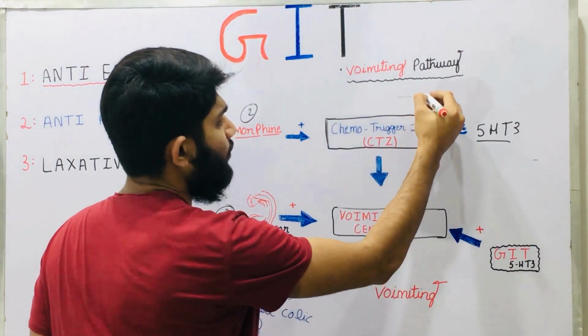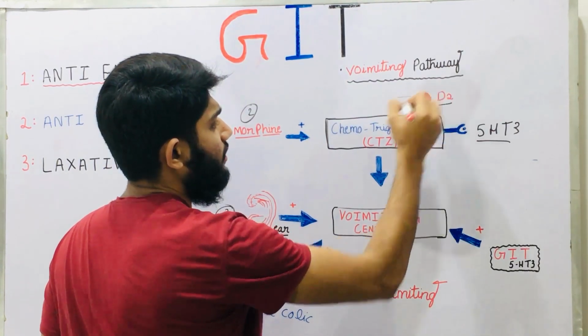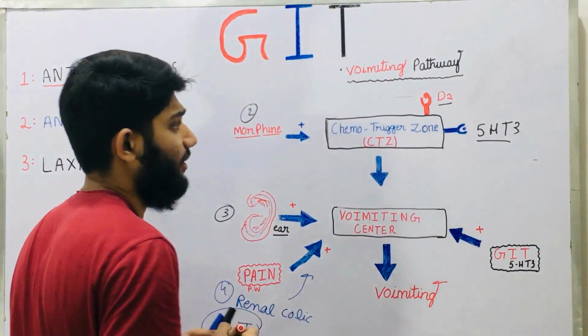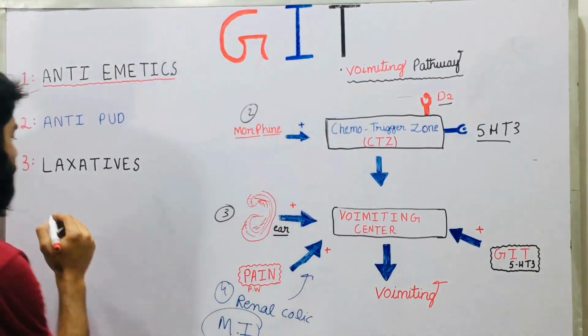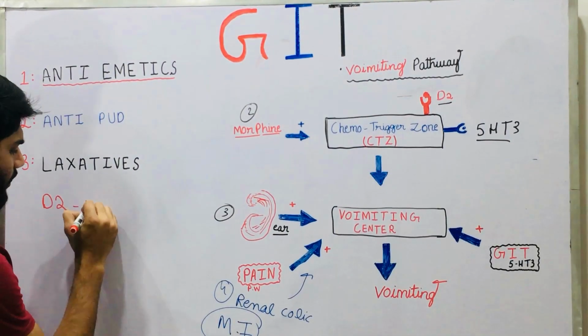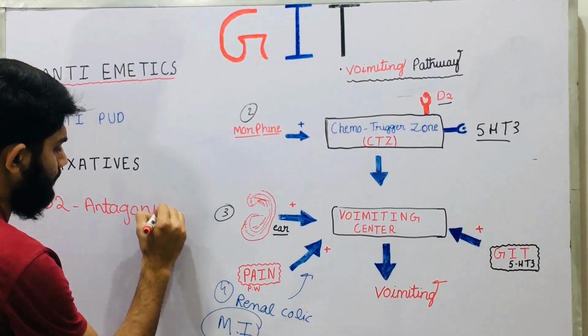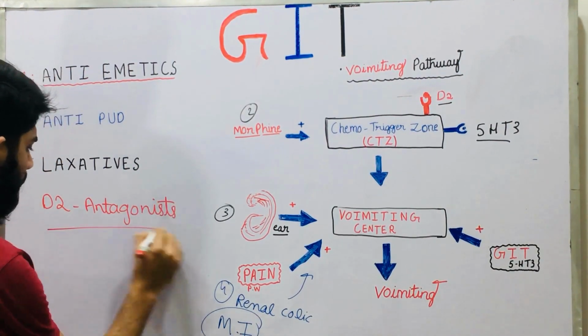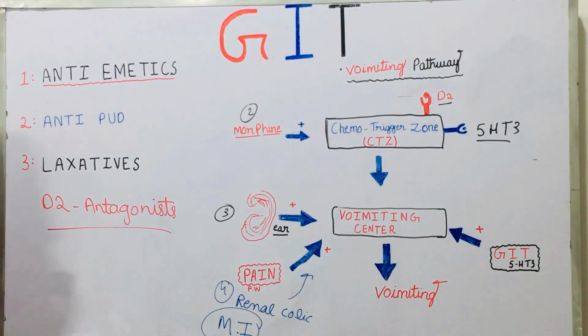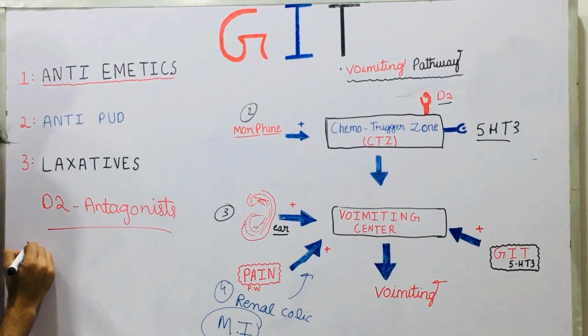By blocking the D2 receptors, the drugs that block these receptors are also known as D2 antagonists. The two drugs that block this D2 receptor: number one is metoclopramide.